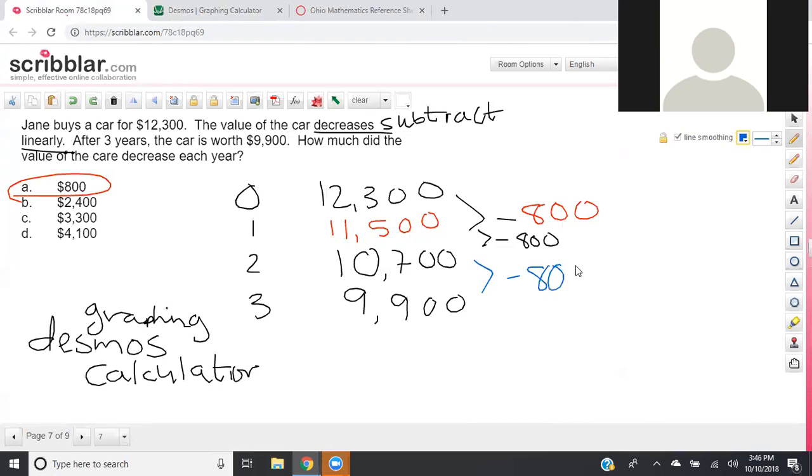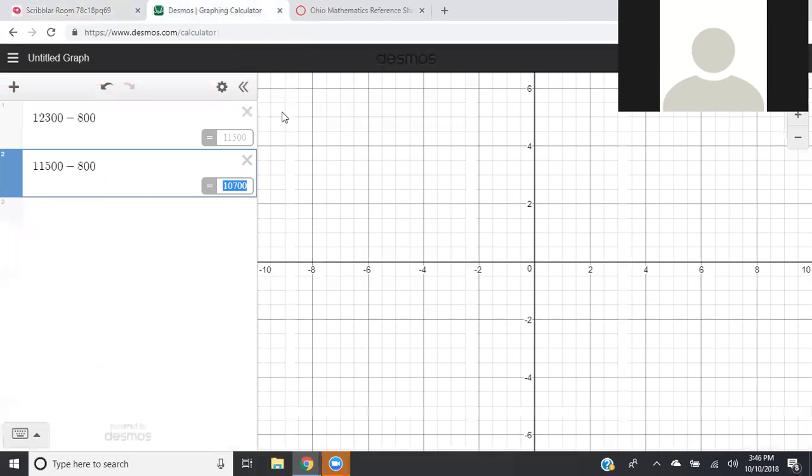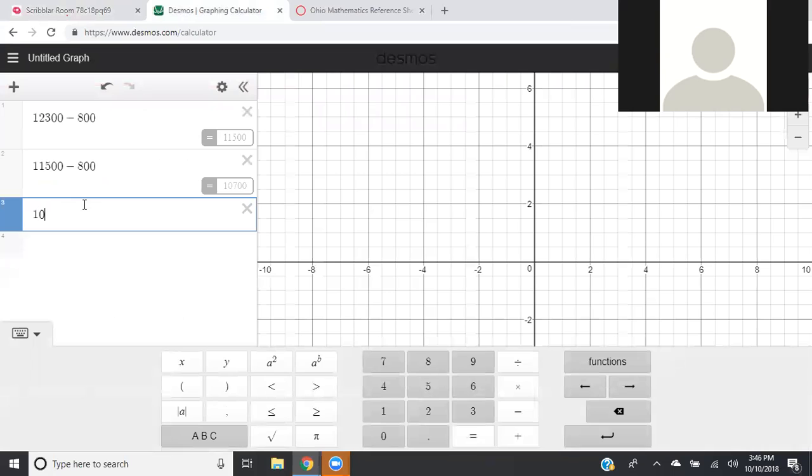If we do 10,700 minus 800, do we get to 9,900?